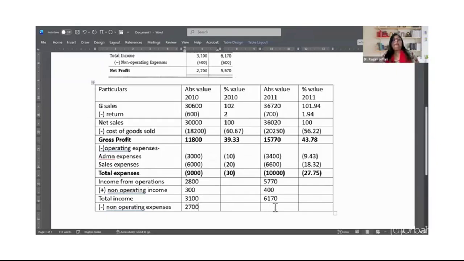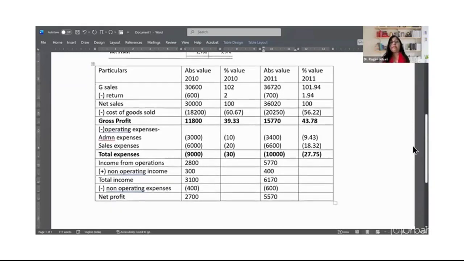Sorry, non-operating expenses are 400 and 600, and with this we have arrived at the figure that is net profit. So the net profit is 2,700 here and 5,570 here.